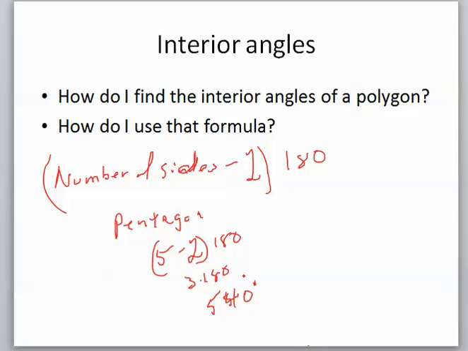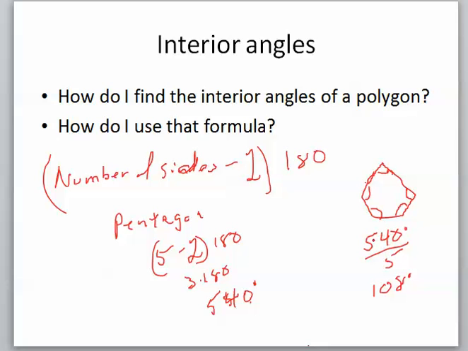So if you're looking at the pentagon, the one that is in Washington, D.C., and you want to know how much each one of the angles are at the sides, it is considered to be a regular pentagon. That means all of the angles are congruent to each other. So if I know the sum is 540, I take 540, divide it by 5, and I get 108 degrees at each corner.